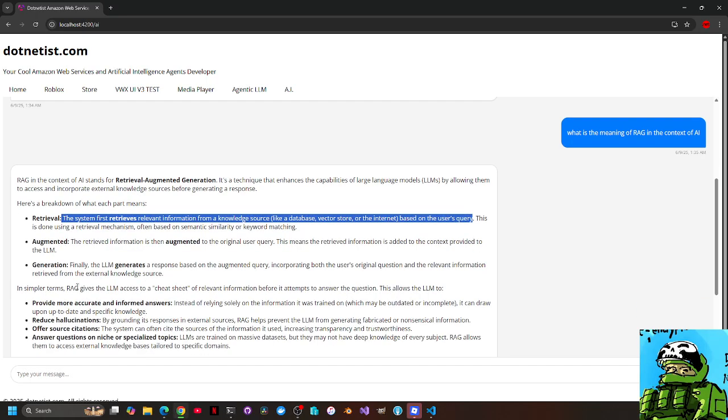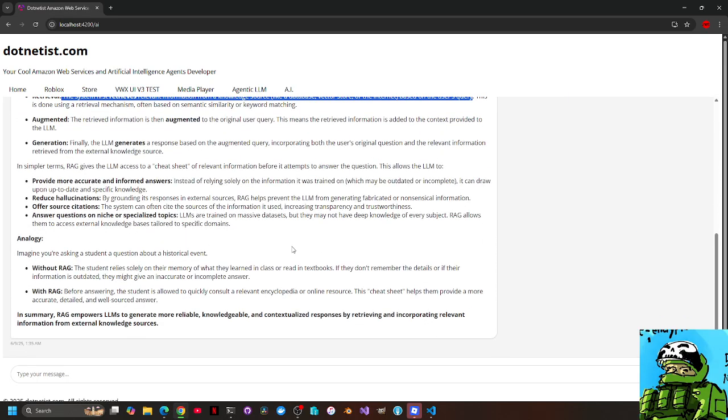In simpler terms, RAG gives the LLM access to a cheat sheet of relevant information before it attempts to answer the question. This allows the LLM to provide more accurate and informed answers instead of relying solely on the information it was trained on, which may be outdated or incomplete. It can draw upon up-to-date and specific knowledge, and reduce hallucinations by grounding its responses in external sources. RAG helps prevent the LLM from generating fabricated or nonsensical information.